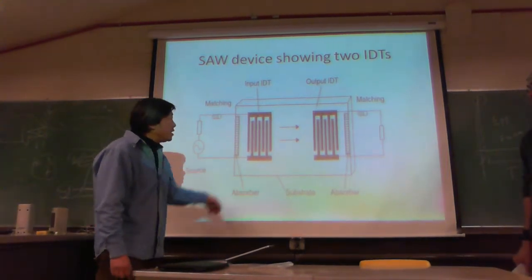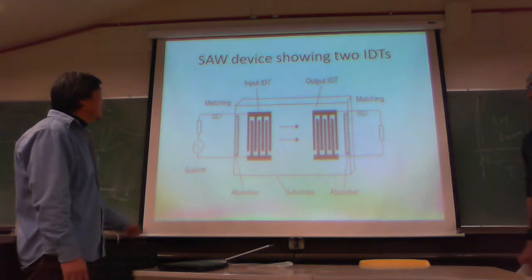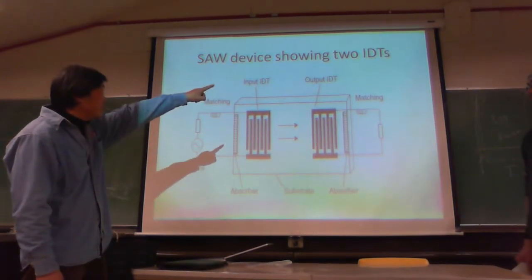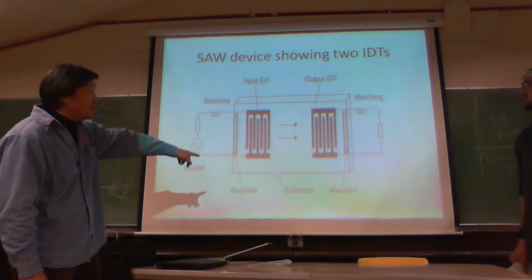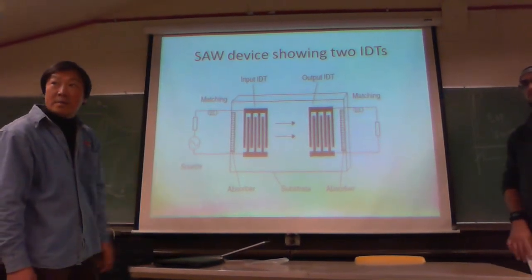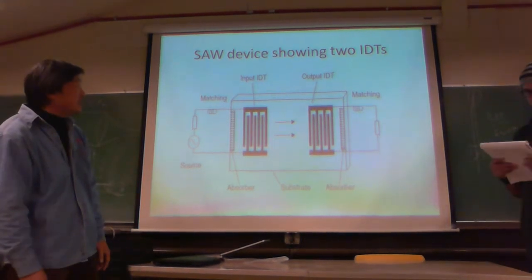This particular arrangement is very common in what they call SAW devices. What you have is two IDTs, interdigital transducers, which were invented in 1965.